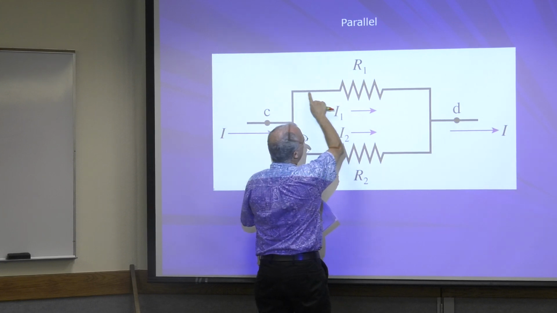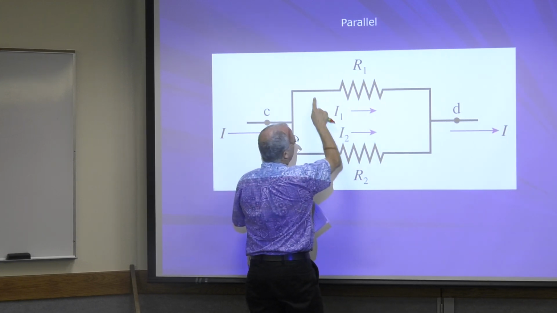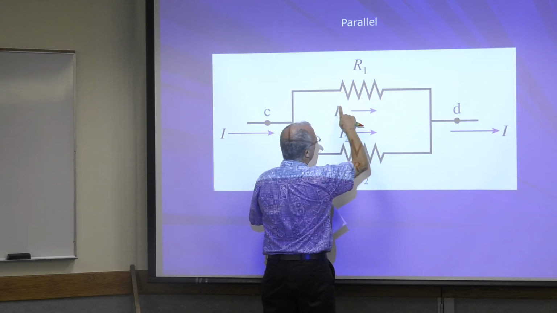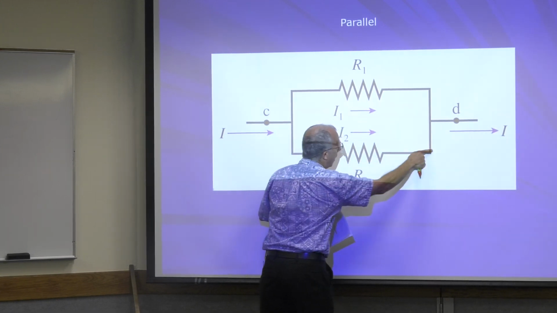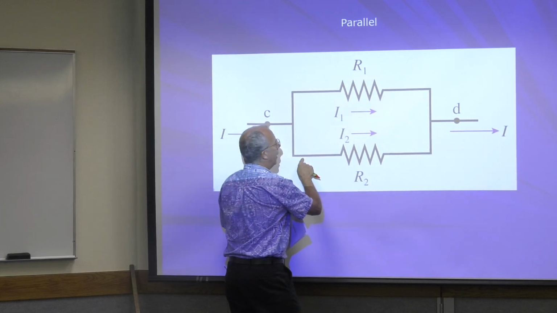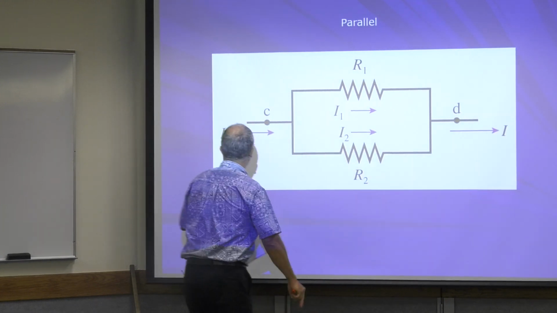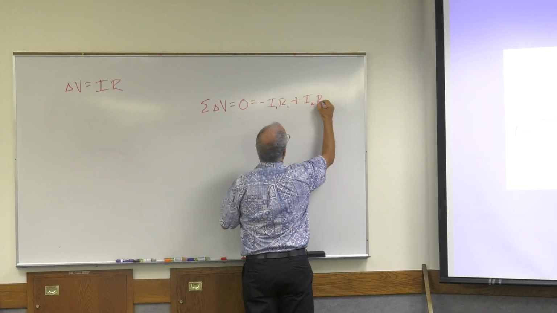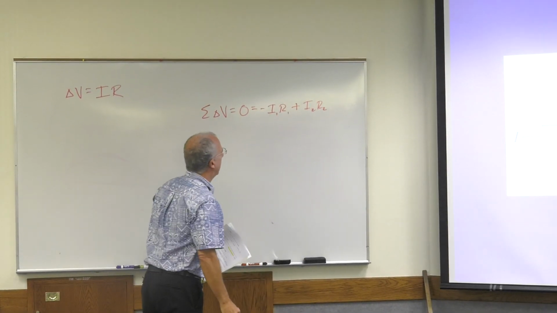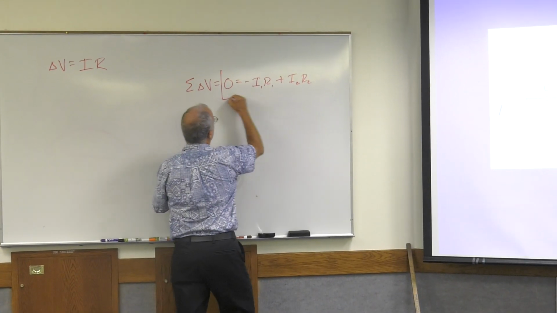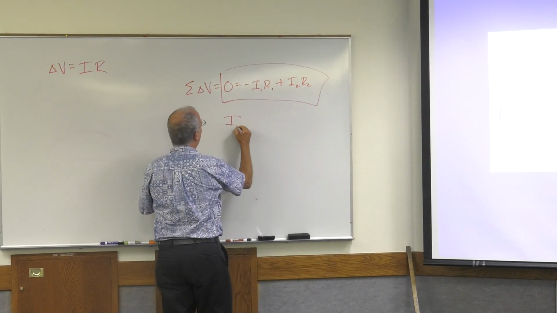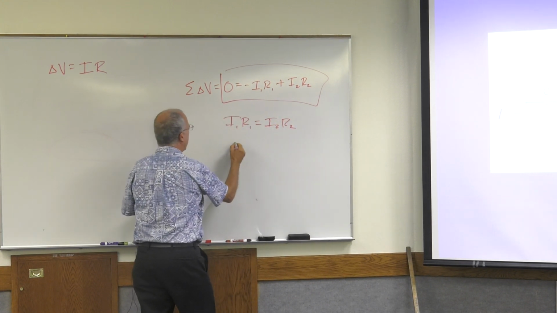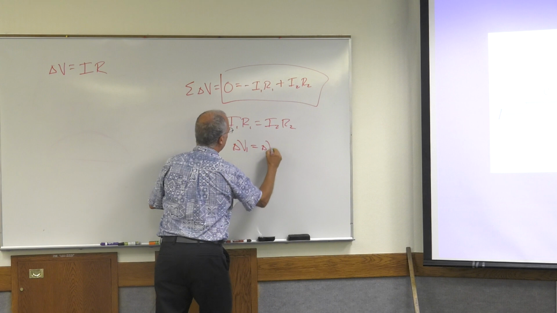We're going clockwise, and I1 goes this way, so the delta V is minus I1R1. But now here, we're going this way, but the current is this way, so it's positive. Plus I2R2. And that has to equal 0, right? If this is true, that means I1R1 equals I2R2. That means delta V1 equals delta V2.